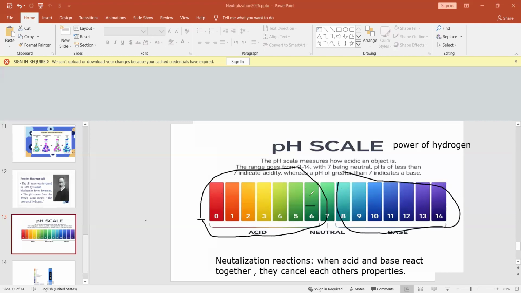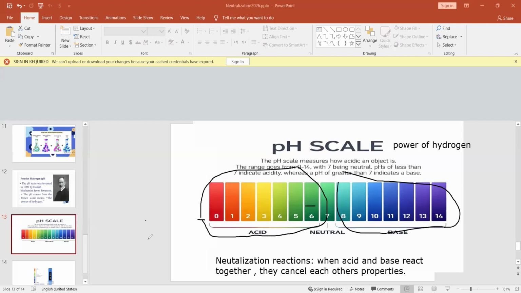Here, 6 is a weak acid, but 0 is a strong acid. For example, 6 is coffee, but 0 is, I think, HCl hydrochloric acid, which exists in our stomach. Also, 8 is a weak base, but 14 is the strong base.